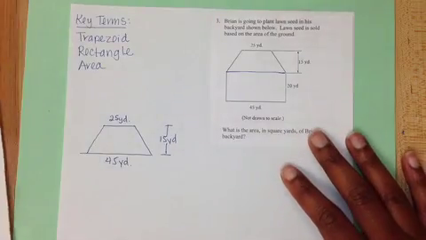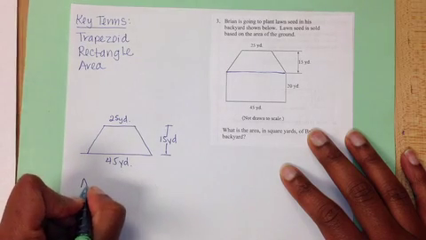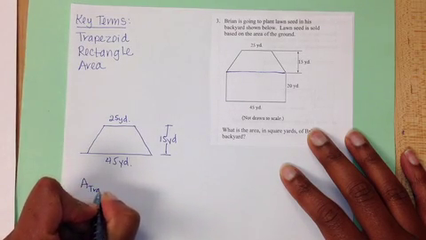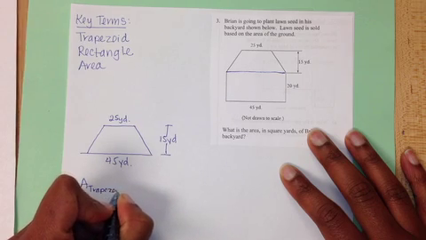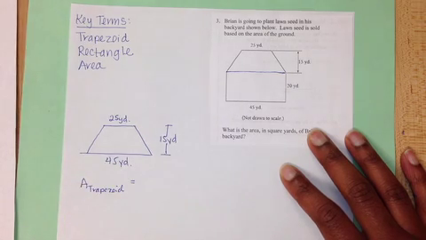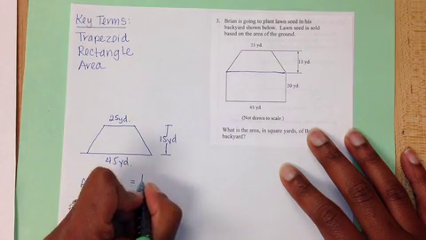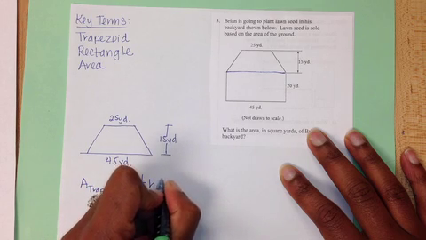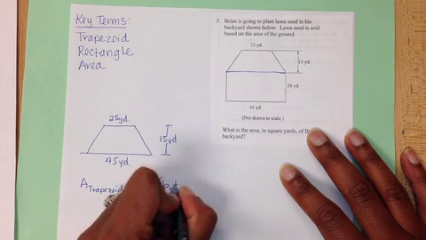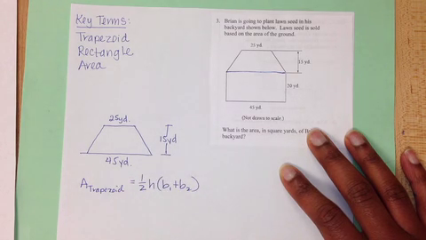So I'm going to write my formula out and include area of a trapezoid at the bottom as a subscript so I can remember what formula that I'm using. So remember, it's 1/2 times H times the quantity of B1 plus B2.